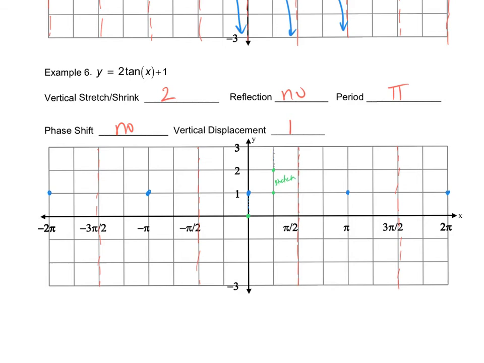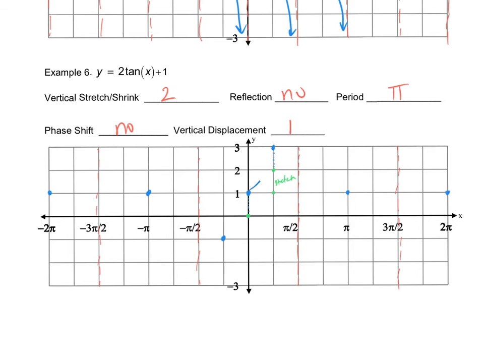It's kind of like an amplitude in that I'm going from wherever my 0 is. I'm going to go up that number to get to my points that I'm going to use, and then I'll go down. So this is 2 above 1, and then on this side I'm going to go 2 below 1. And now I have all the points I need in order to draw my curve.